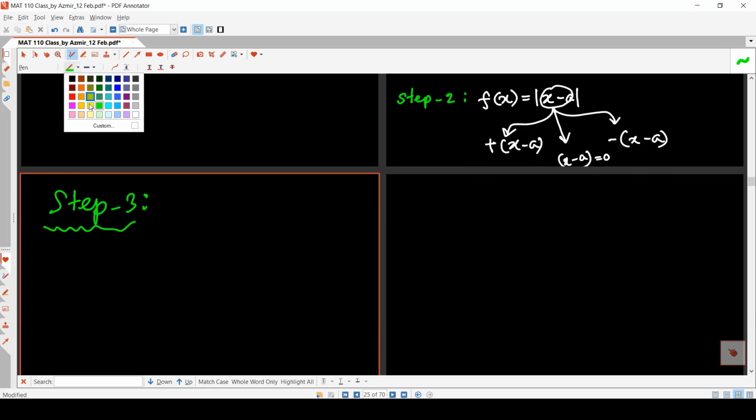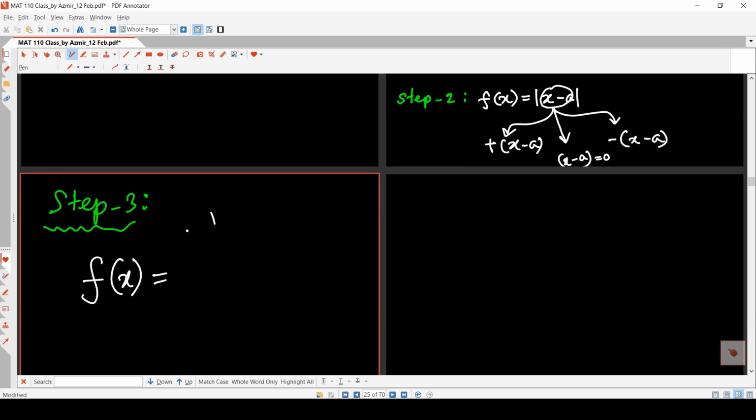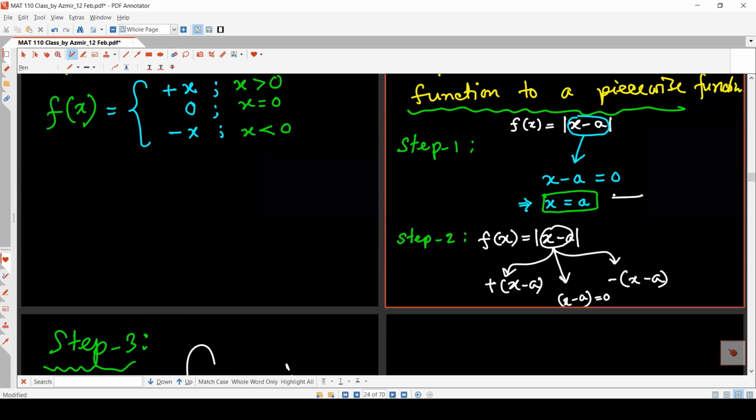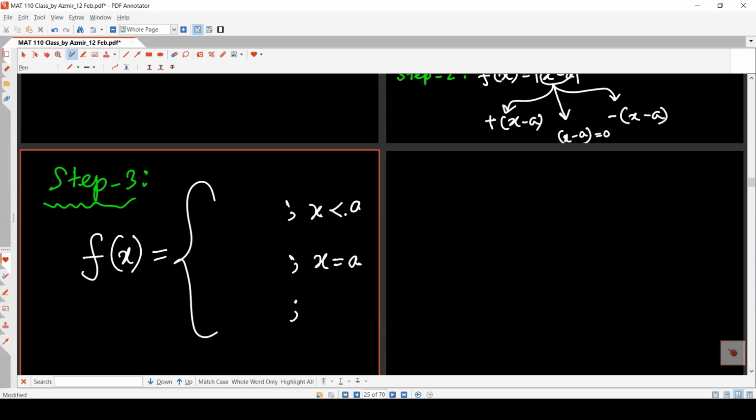Then step 3. Step 3 is to make a piecewise function. So f of x, we are using a curly bracket. Now, let's say we have 3 parts. This is x equals a. Always write x equals a because this is coming from step 1. Now, in the first part, you can write x less than a.